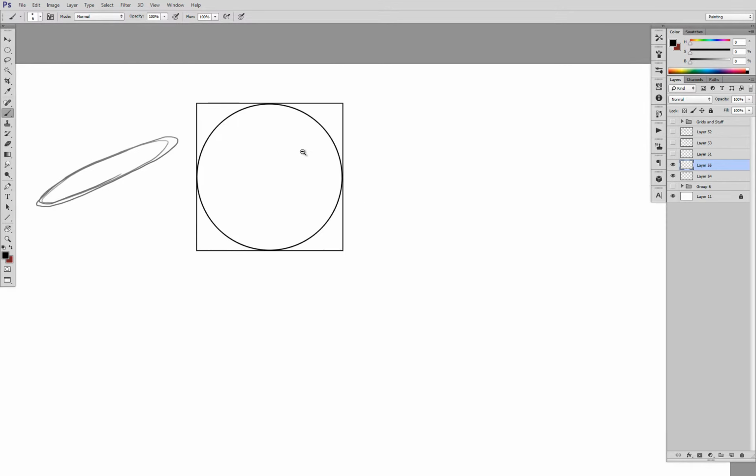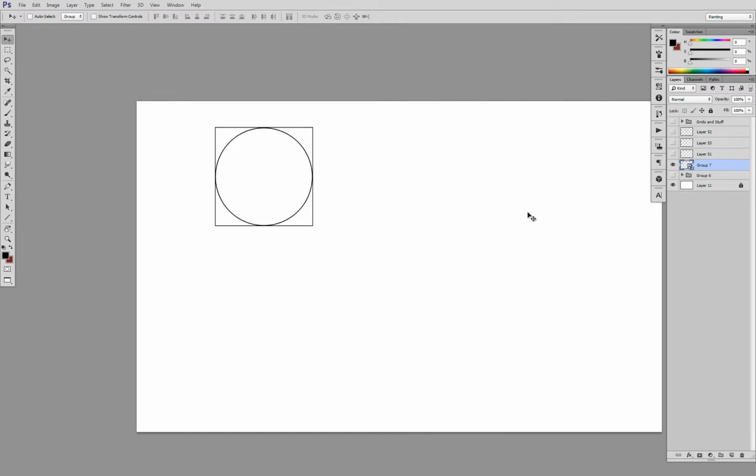And just a really simple way of doing this. Just going to convert these to smart objects so we can mirror them. Again, this has nothing to do with perspective, it just makes it easier.